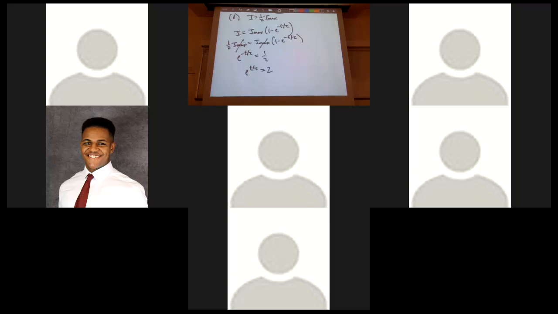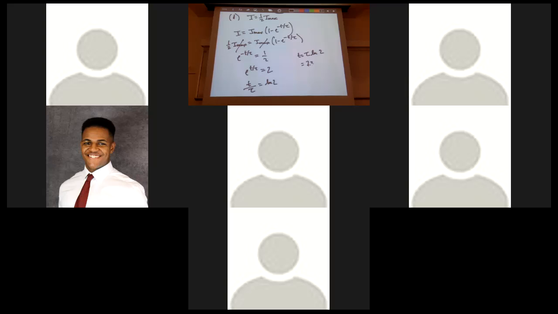What's the inverse operation of exponential? You guys just answered this question 5 minutes ago. A natural log, so it's natural log of both sides. So this says that t divided by tau is equal to the natural log of 2, which finally means that the time is going to be the time constant times the natural log of 2. So this is the time it's going to take for this thing to reach half of the maximum.